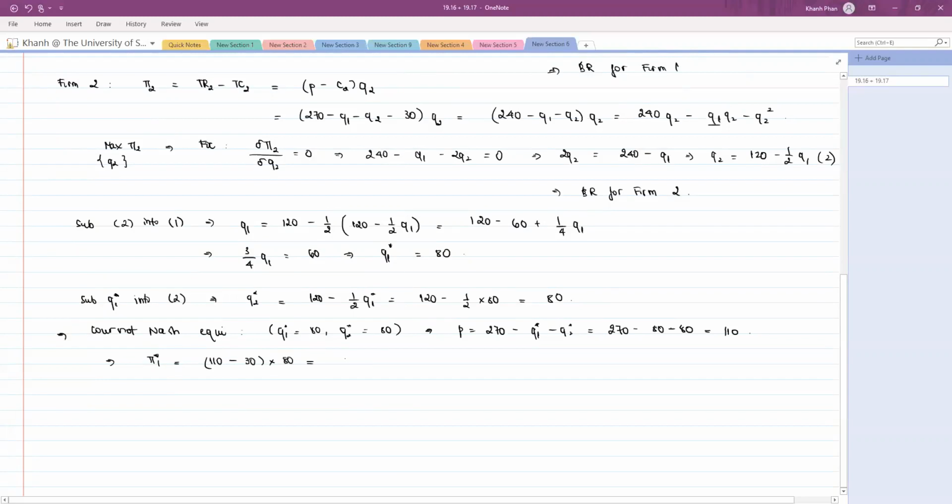So that is 80 squared, which is 6,400. Very similar for firm 2. The price is the same, 110, the cost is the same, 30, and the quantity produced is the same, 80. So the profit is the same. Each firm is earning 6,400 under the Cournot-Nash equilibrium.